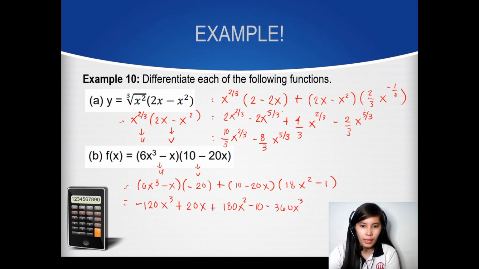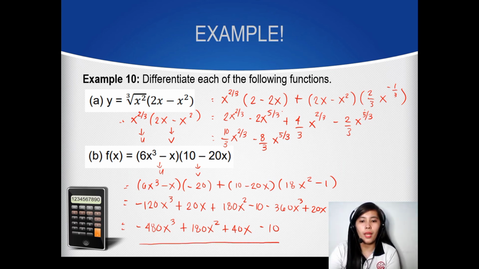And last, positive 20x. Okay. So we will have negative 120 minus 360, which is negative 480x cubed plus 180x squared plus 40x, minus 10. So that is our answer.